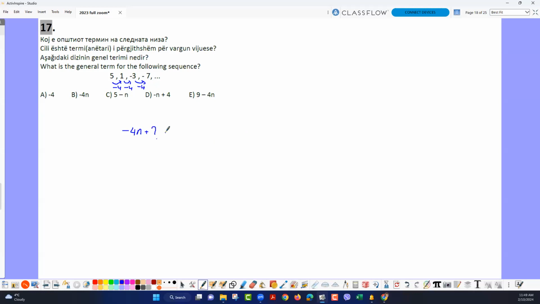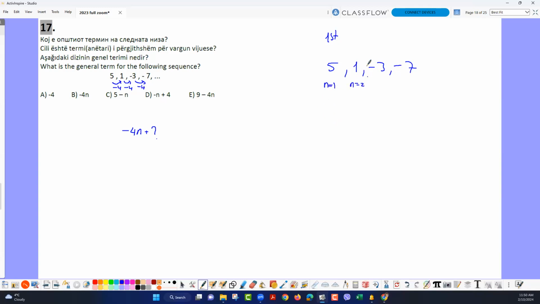If it is 0, this is -4n, or here this is 9 minus 4n. And to find the plus, you should replace: since this is the first term, let's say 5, 1, -3, and -7, the first term can be evaluated in the formula when n is equal to 1.